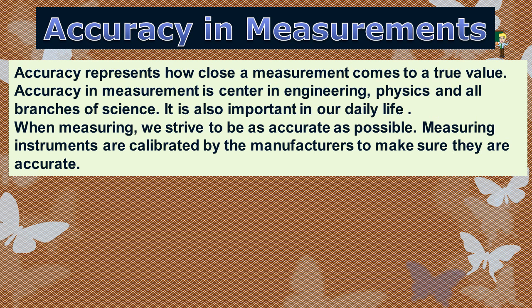Faulty measurements and human error can lead to inaccurate values. In order to get accurate values of measurement, it is always important to check the correctness of the measuring instruments all the time. So, let me explain what you mean by this accuracy.